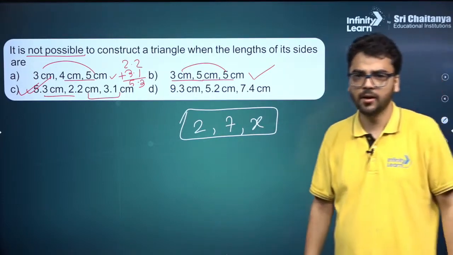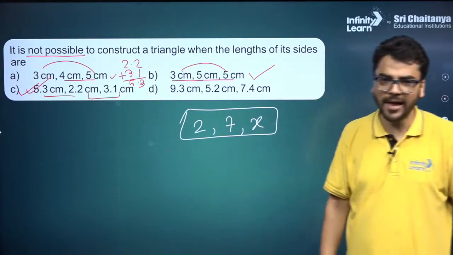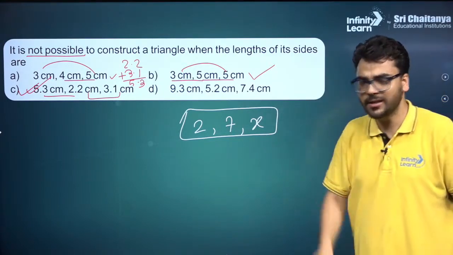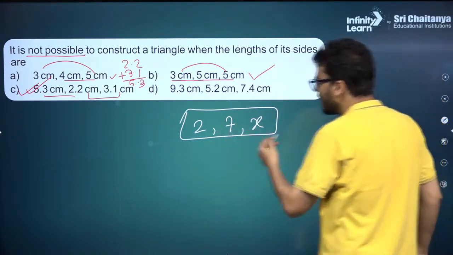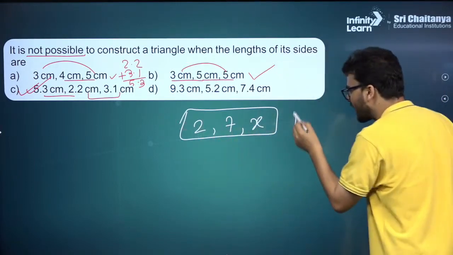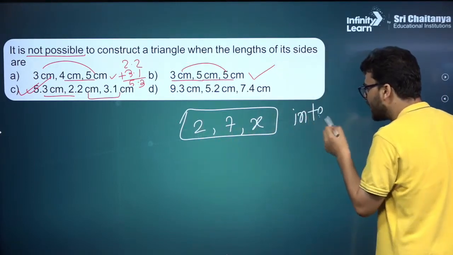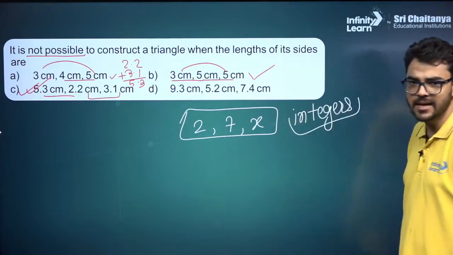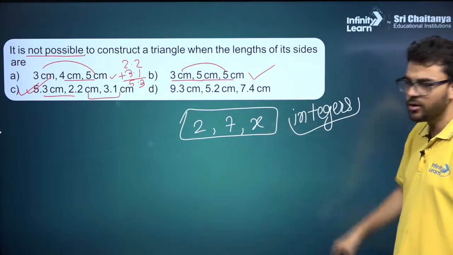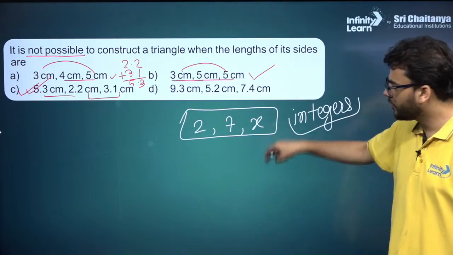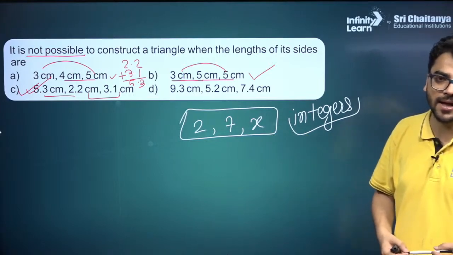Wait, I'm changing the question. Suppose these are the lengths of the sides of a triangle and all the lengths are integers. Can you tell me what is the minimum value of x and the maximum value of x?